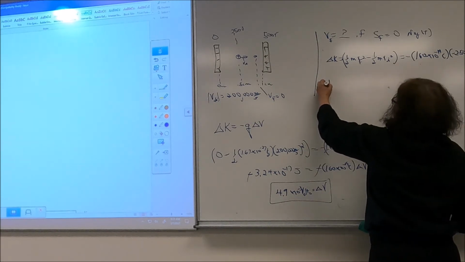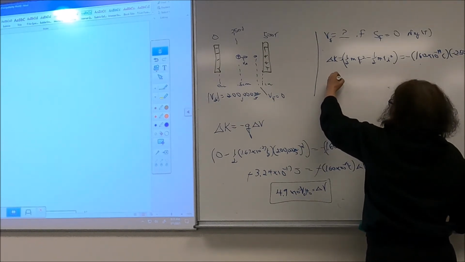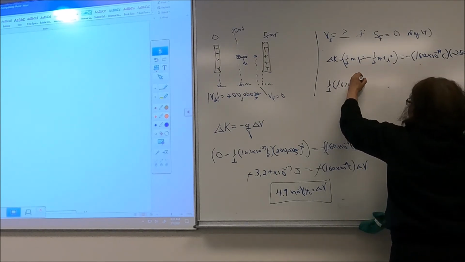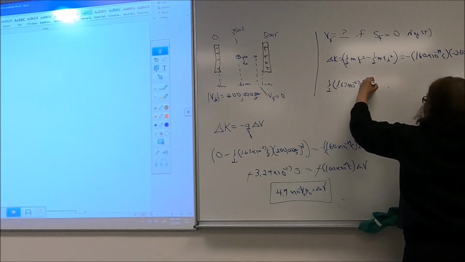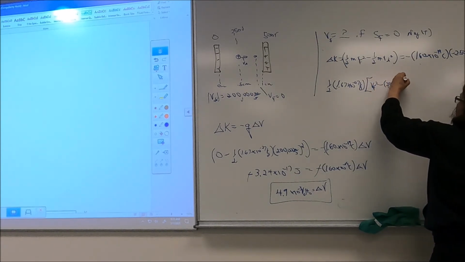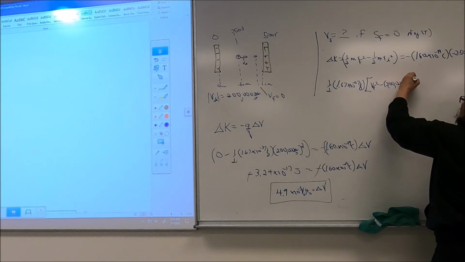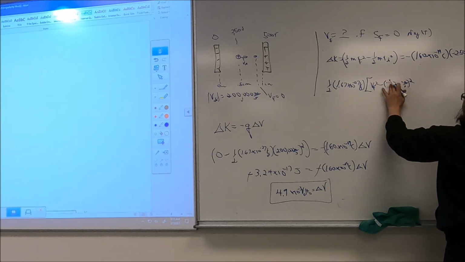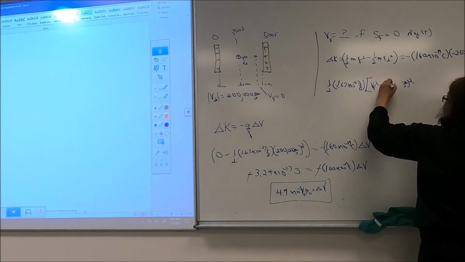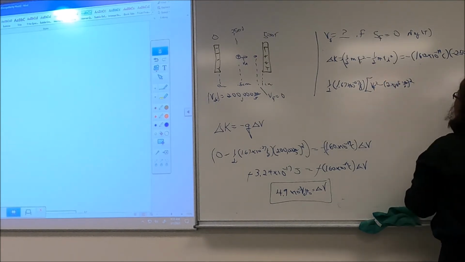So I have 1/2 times 1.67 times 10 to the minus 27 kilograms times V final squared minus 200,000 meters per second squared. If I wrote that out in scientific notation, it'd probably be easier for us to keep track of. So it's 2 times 10 to the 5.